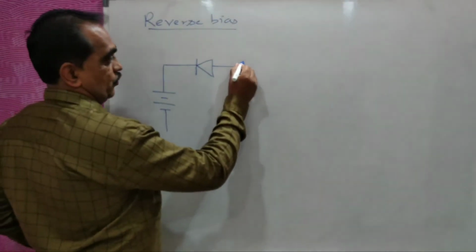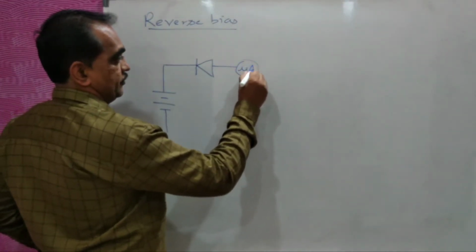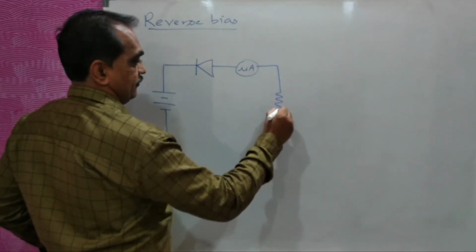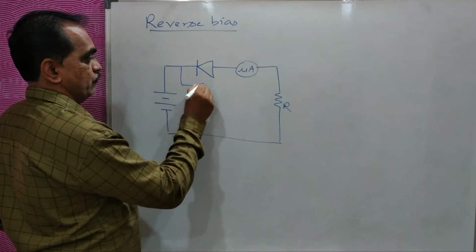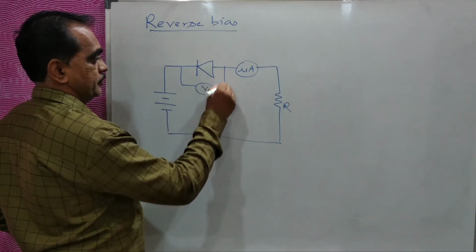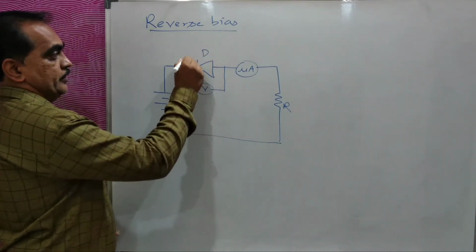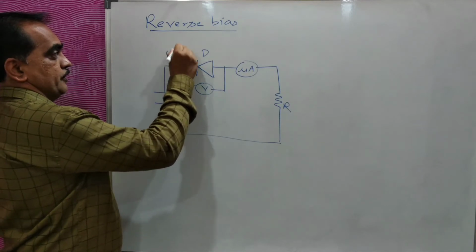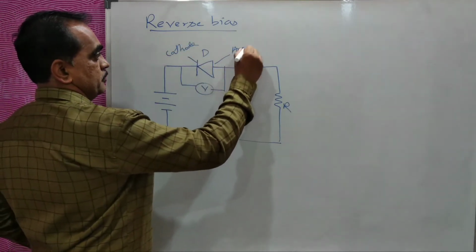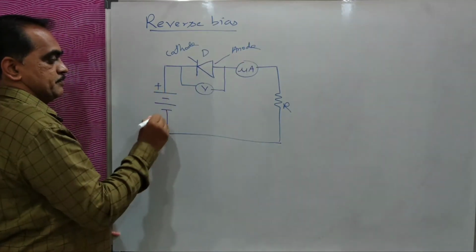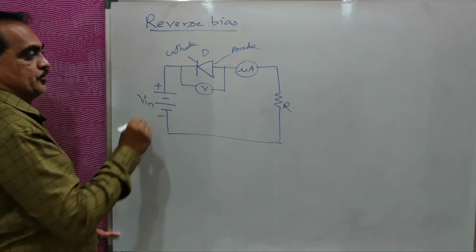Then you can have a microammeter here, a resistance here, and a voltmeter here. So this is your diode, this is your cathode, and this is your anode. This is plus minus, the input voltage.